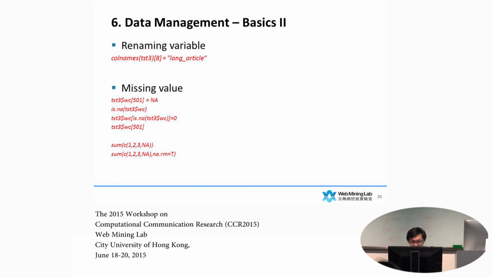So C. So what's wrong? Oh no, we need a function called C. That means this is a vector. We need the first and third. Let's check. What's going on? Right.